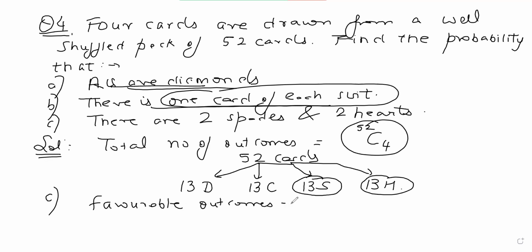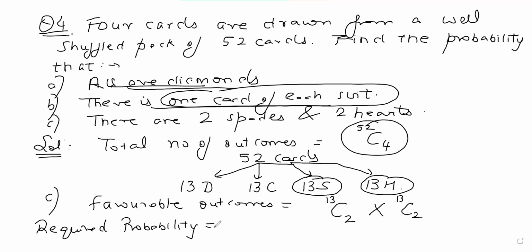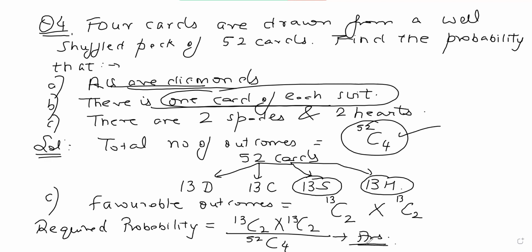I want 2 spades and 2 hearts. So out of 13 spades, I want 2 spades, and out of 13 hearts, I want 2 hearts. My required probability for part C will be the favorable outcomes 13C2 times 13C2 over total number of outcomes, which is 52C4. This is my answer for part C.